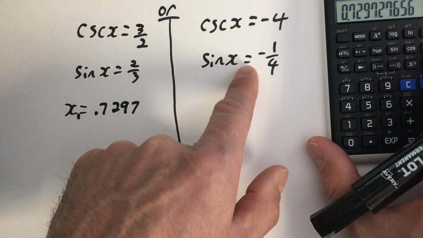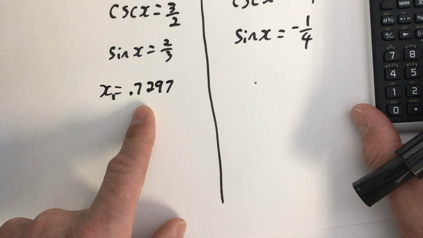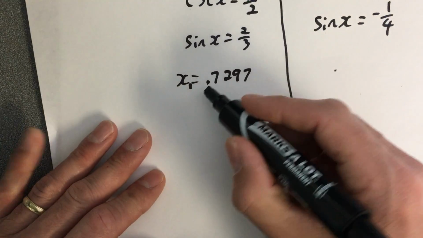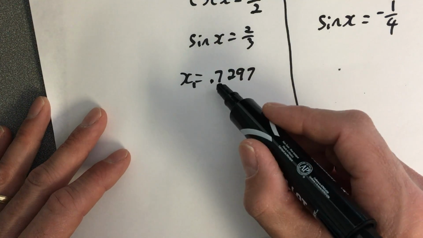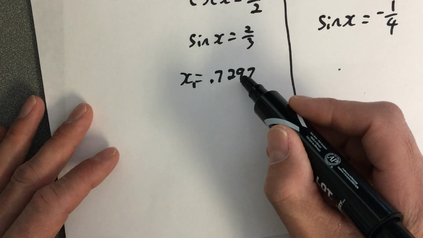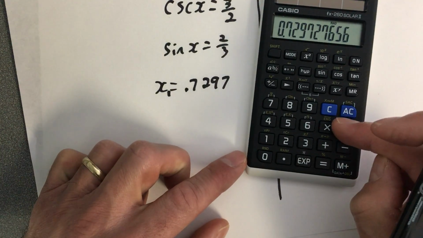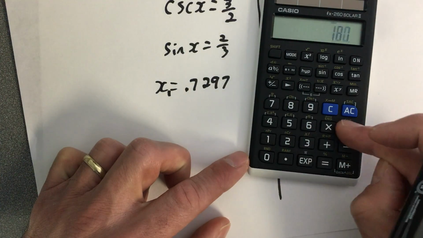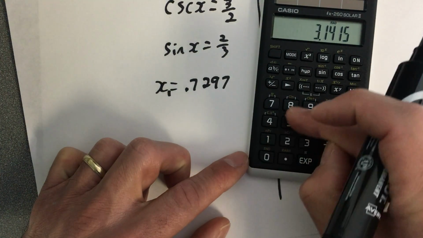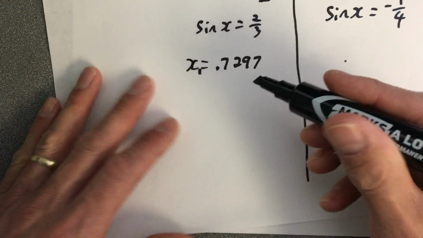So one possible solution is that x is 0.7297. That's in radians. And if I multiply that by 180 and divide by 3.14159, it gives me 41. So that's about 41 degrees.